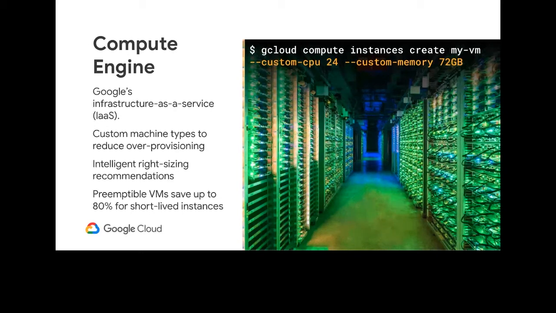But then you're not using this VM that much. So it will give you a recommendation that you can save some money by using an instance of this amount of CPU and this amount of memory, so that they can charge you less, because you're not using your machine up to its capacity.